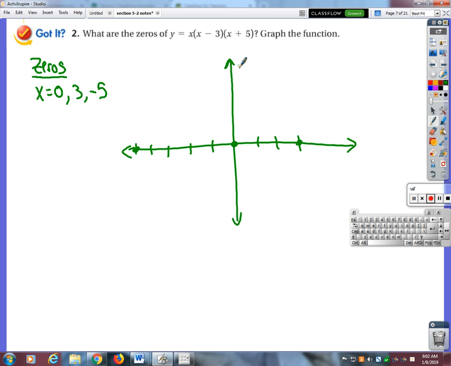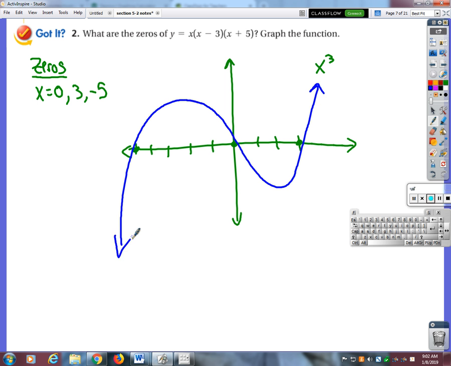What's the lead term in this again? Yeah, this would also be a down up because it is going to be an x cubed, and so that means that our graph would look something like this. What's the y-intercept? You're right, it's 0. Okay?